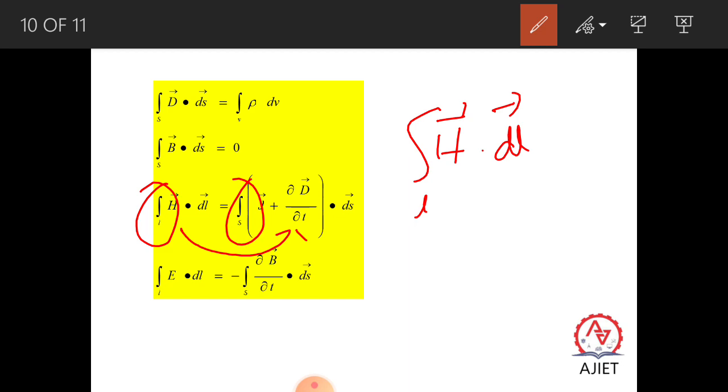Everything stands on these four equations. That's why they are called the God-given equations which changed the path of human life.